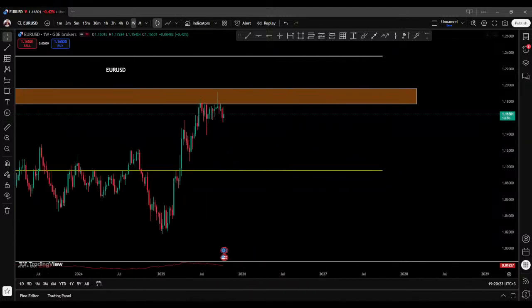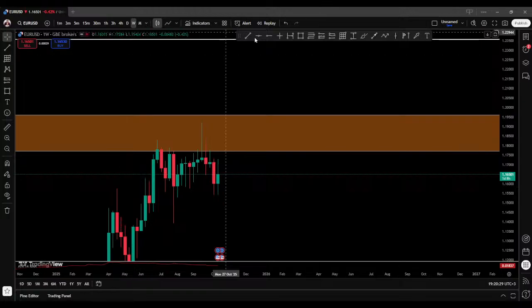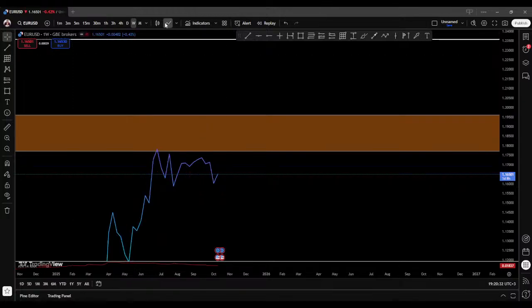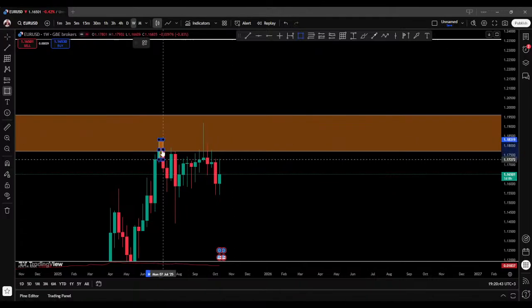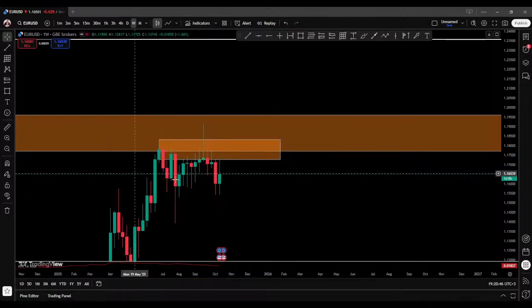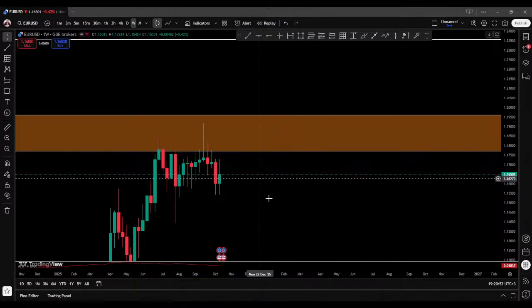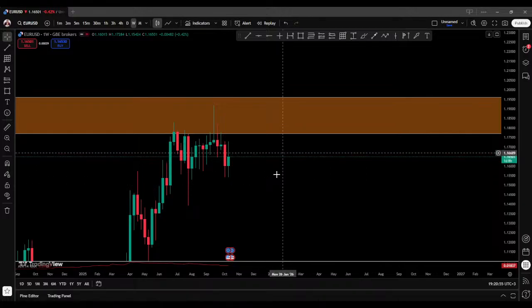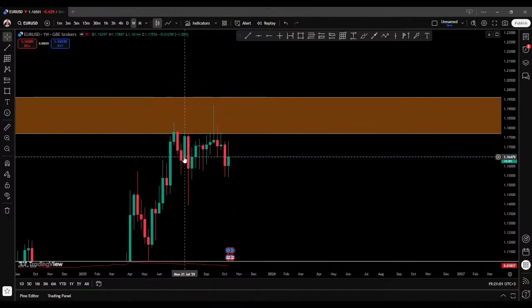We need to know whether where we are is where we are supposed to be selling from. If you look at this, the market retraced to that area, and that is why it is selling. So from where I sit, the market still has no reason to go above this area.